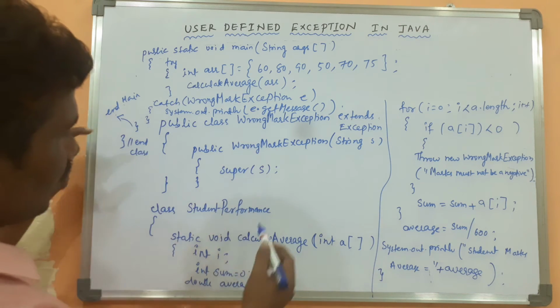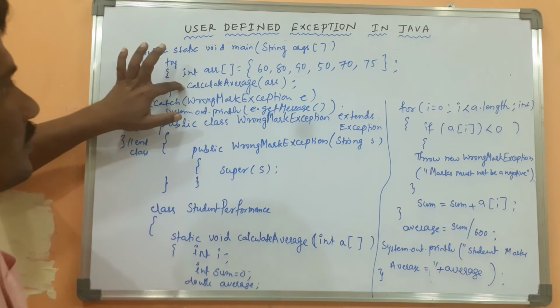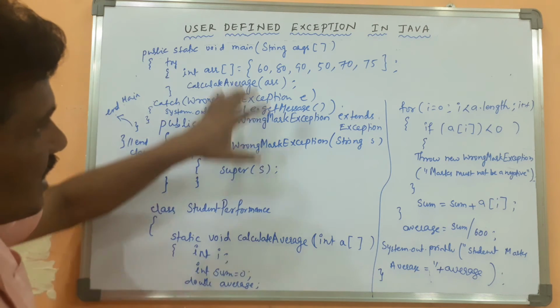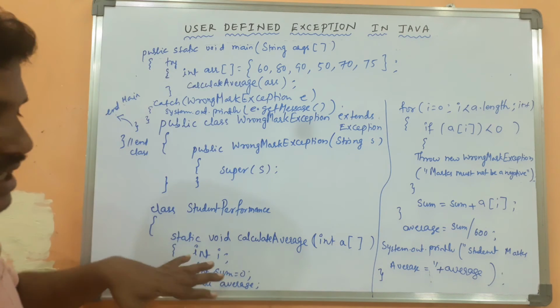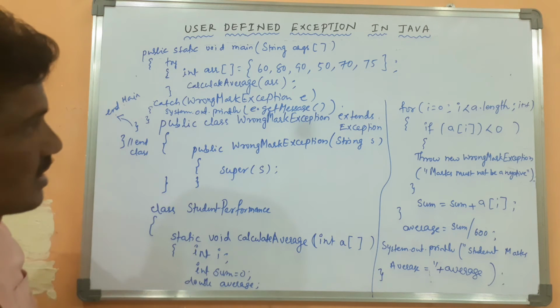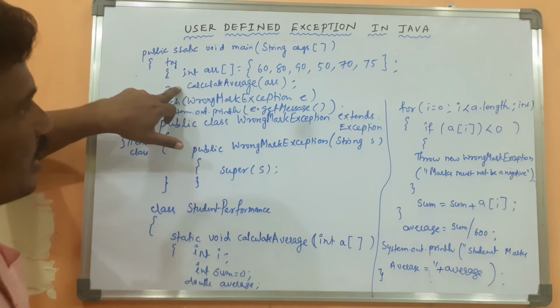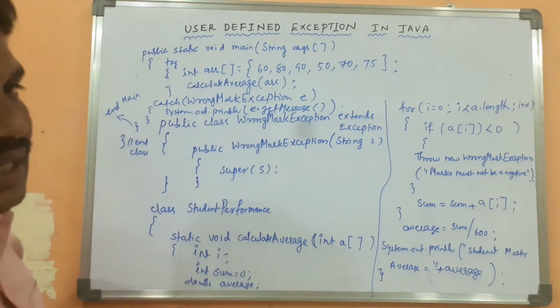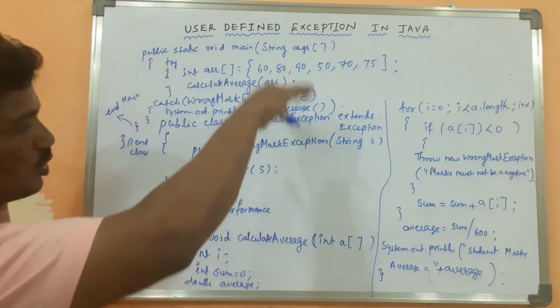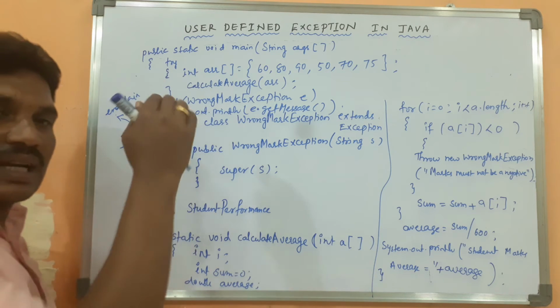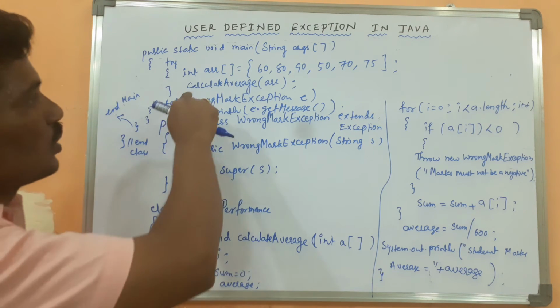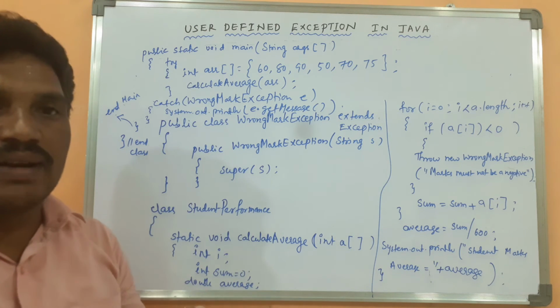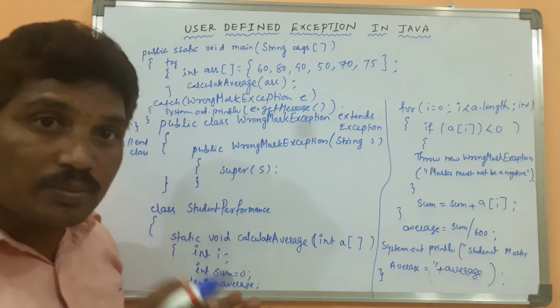What is the class name I use here? StudentPerformance.calculateAverage. Because I am using it within the class, the class name is not required to invoke the calculateAverage method. Got my point?